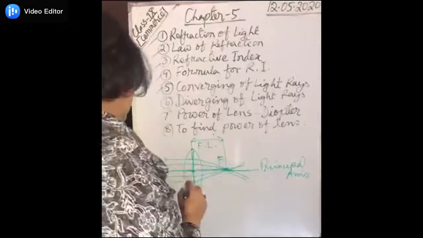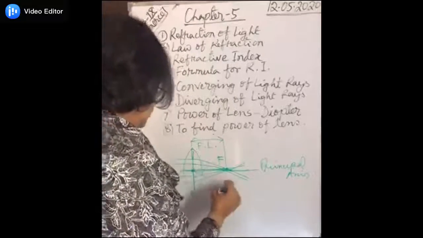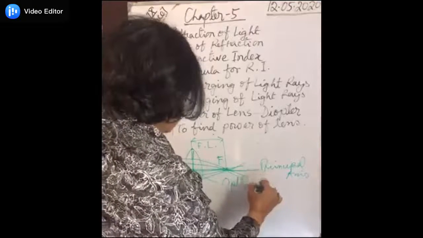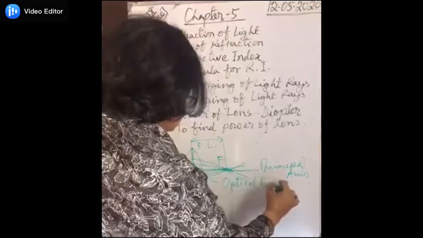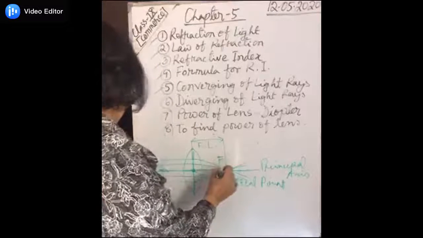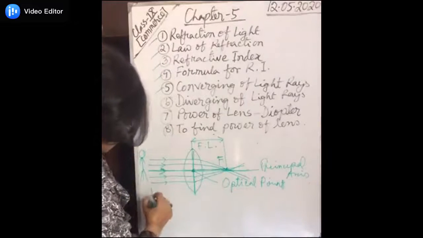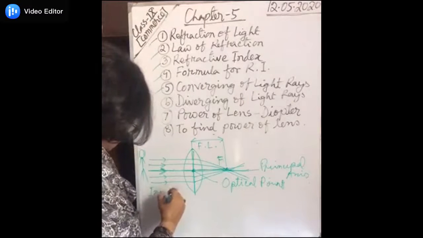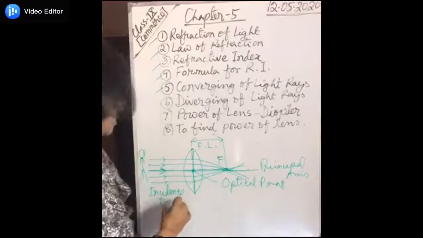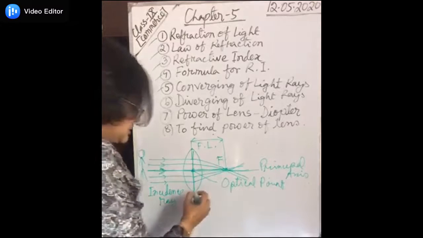This is the focal length and this is the optical point. Focal point, focal length, and these are the incident rays. And this lens is a convex lens.